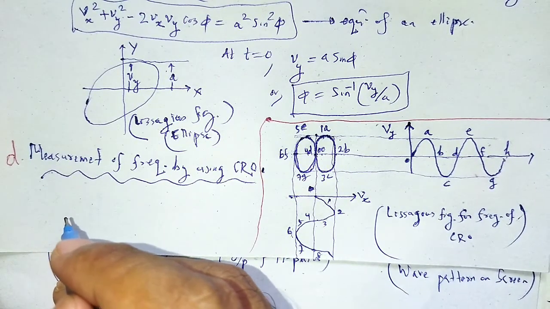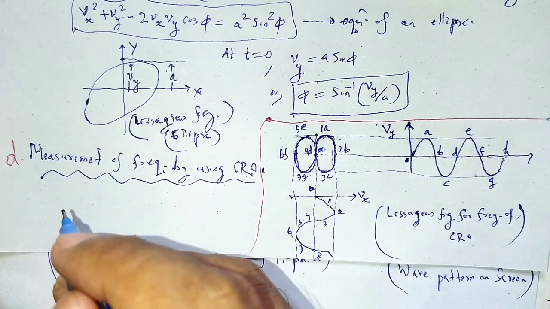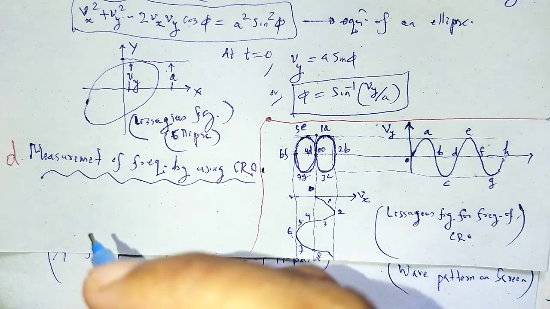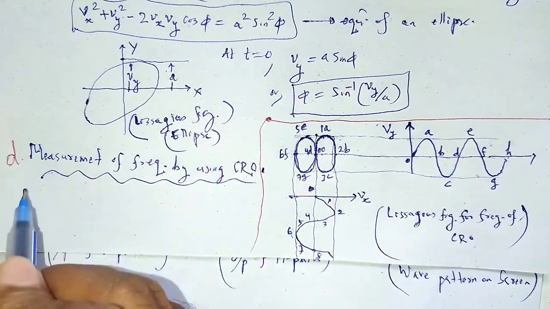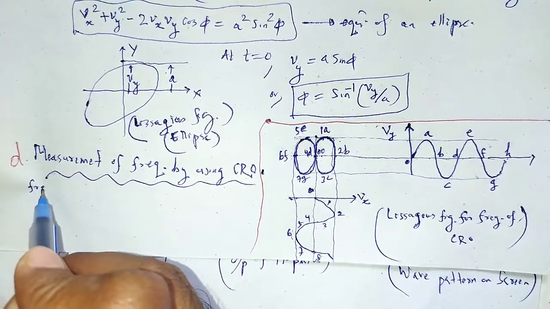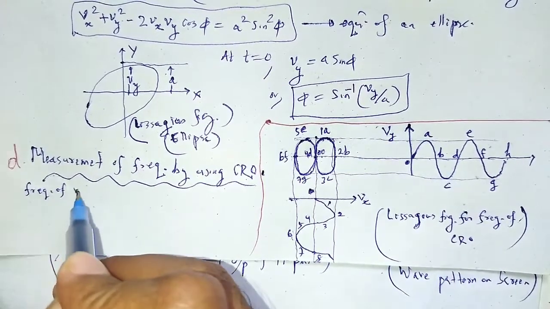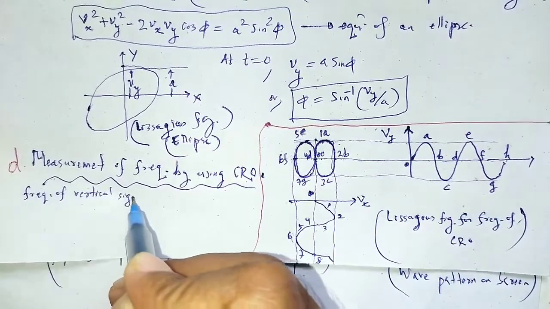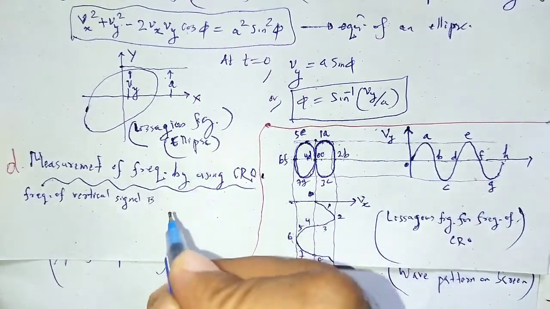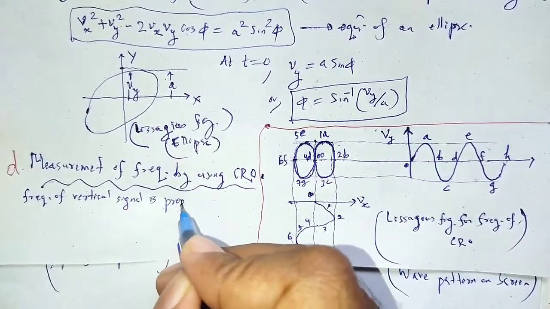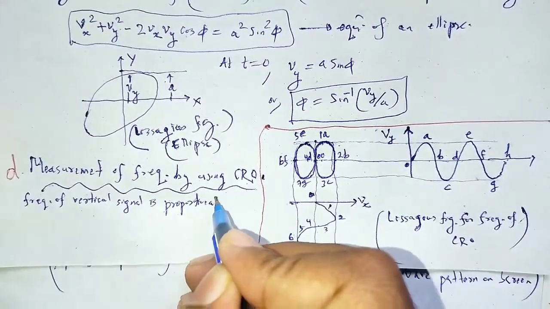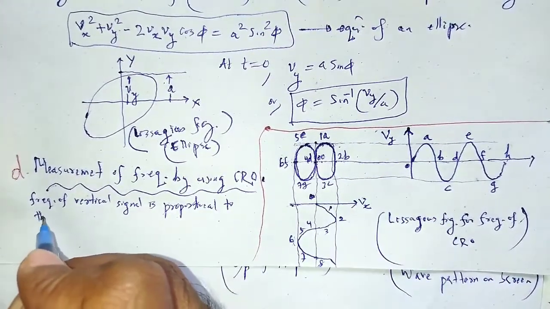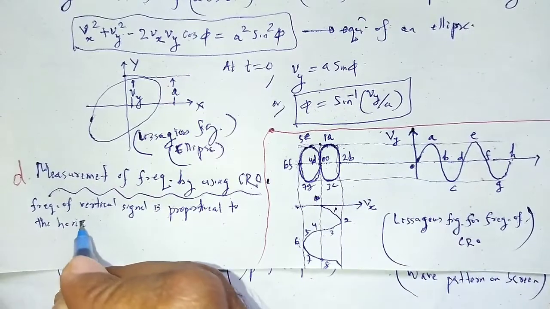The frequency of the vertical signal is proportional to the number of horizontal tangencies.